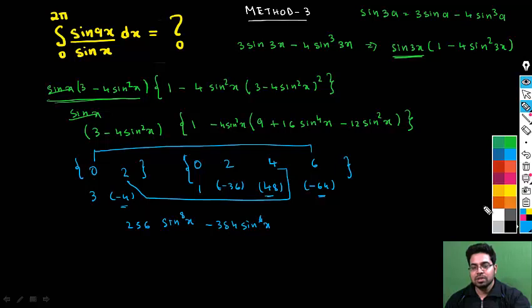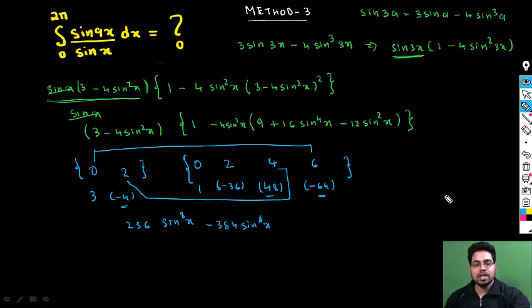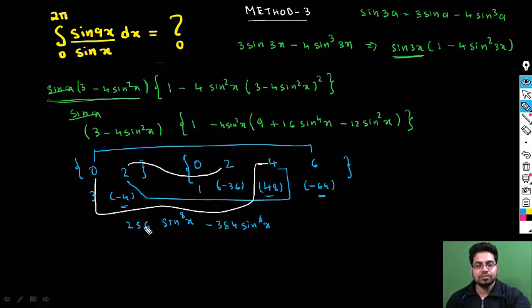Here I will use, let me use white color. Now to get sine to the power 4x, this 4 will get multiplied with this 0, and this 2 will get multiplied with this 2.